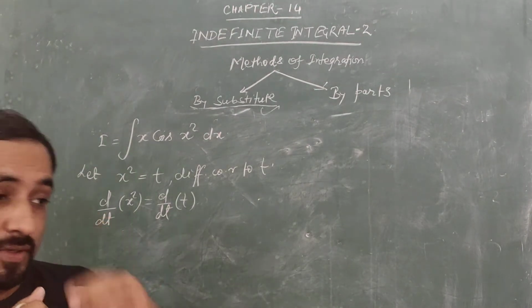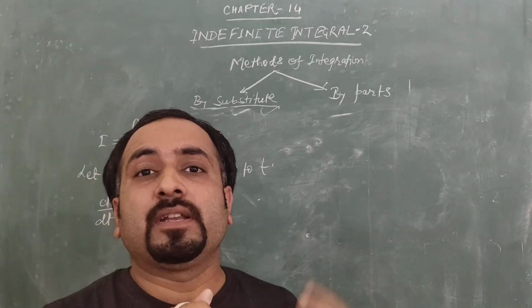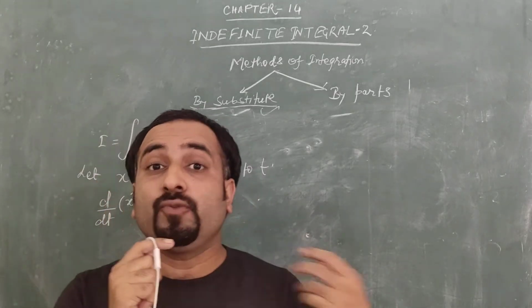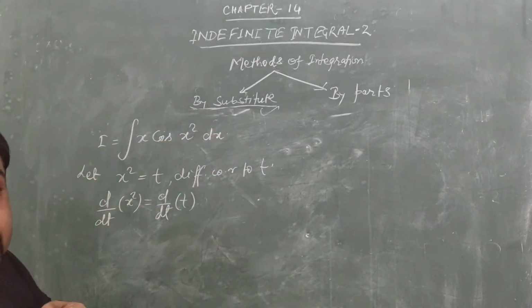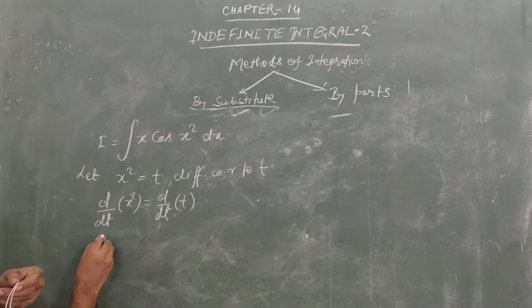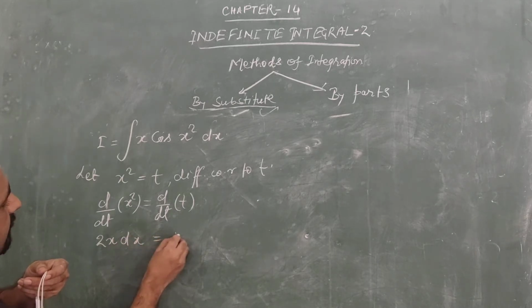So here the function is in the form of x and we are differentiating with respect to t. You can see my previous video where I told you how you will differentiate if the function is in the form of x and we are differentiating with respect to t. So I am going to directly solve this portion. It will be 2x dx is equal to dt.